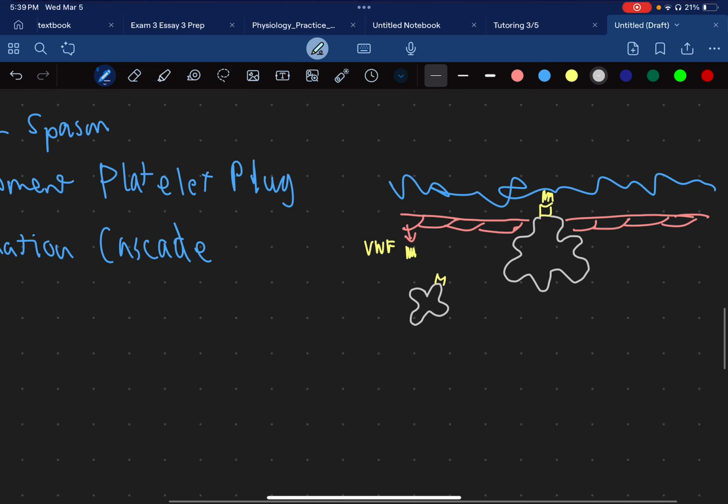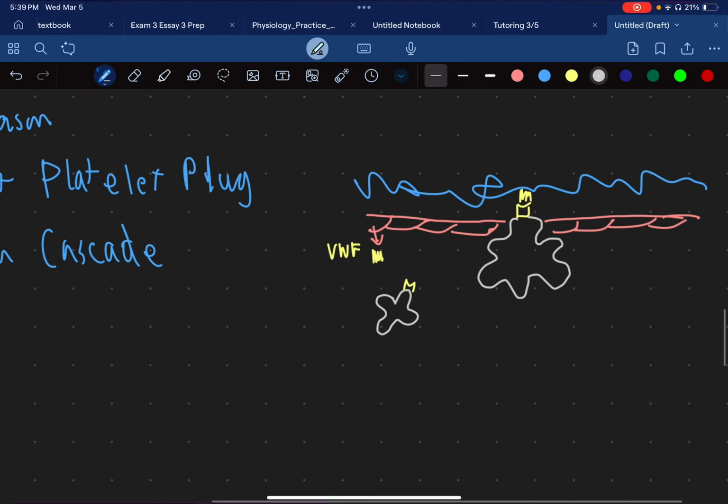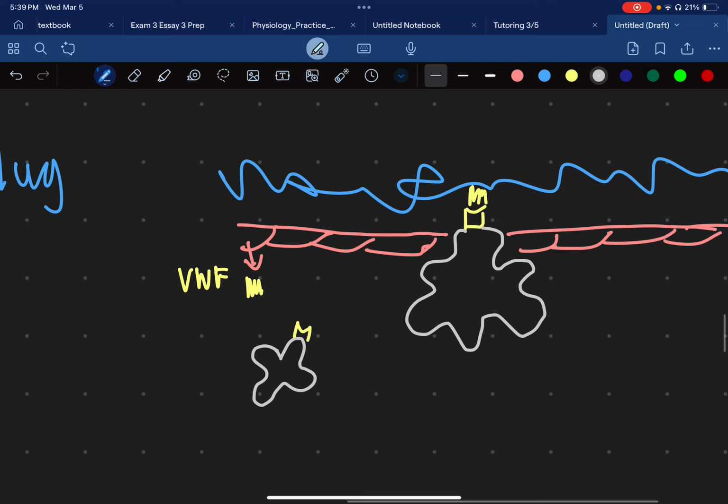Now, that's great and everything, but how do we get this platelet plug? Because this is just one. So what happens is, only one platelet right now is activated, but obviously there's going to be many more platelets in the blood.